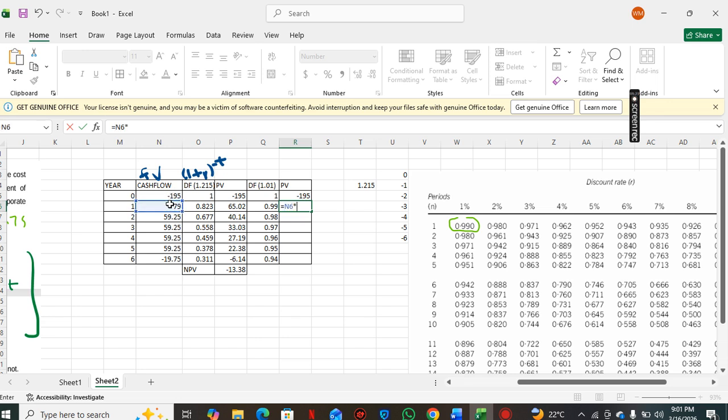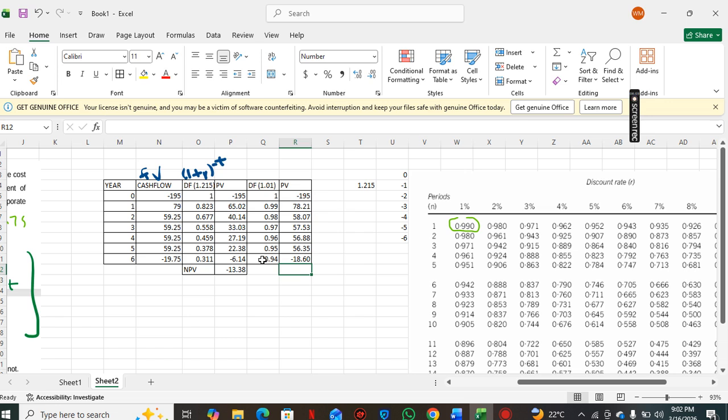Cash flow multiplied by the new discount factor, for each year.